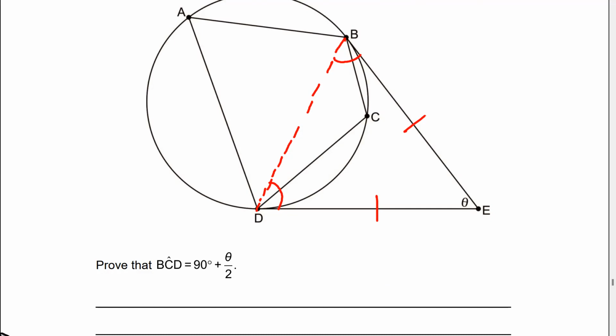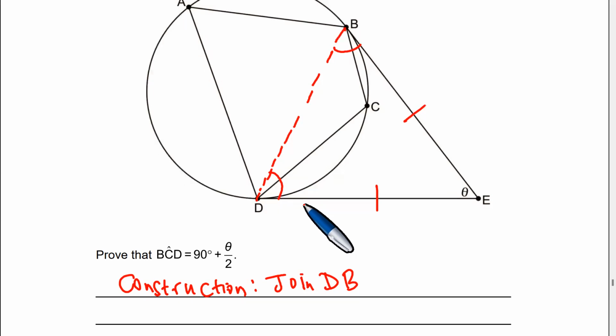As part of the solution, you do a construction. What is the construction? You join DB, like I've just done. Normally we use a dashed line to perform a construction, but obviously one can use a solid line there. With that said, we are able to make a couple of observations based on the construction.